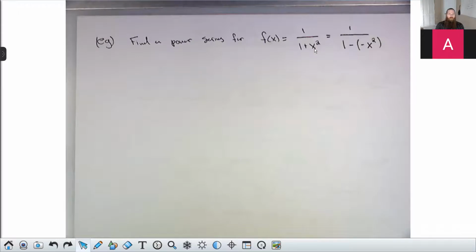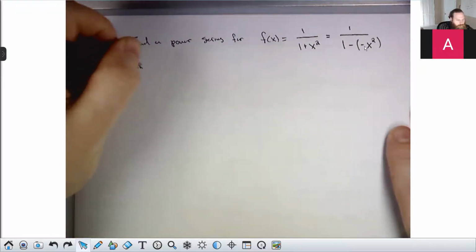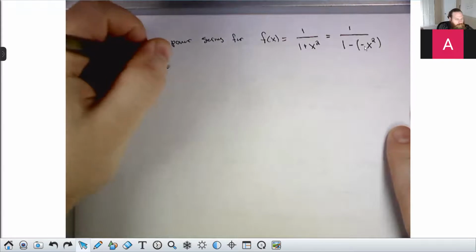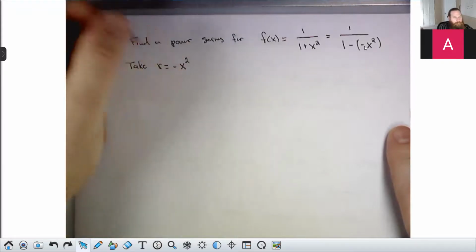I think we'd all agree that if you subtract a negative, that's the same as adding. It's important that the square here is not outside the parentheses, right? This is negative of x squared, not negative x all squared. Those are different things. But if we think of it like this, then I can take r to be negative x squared.